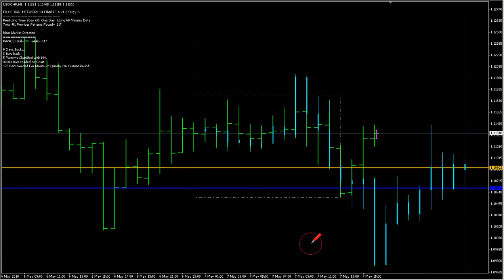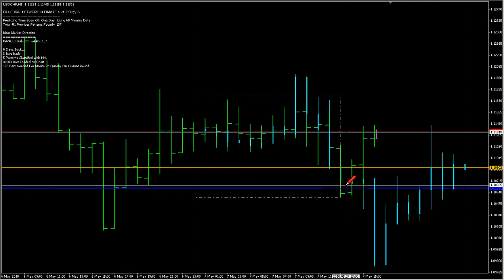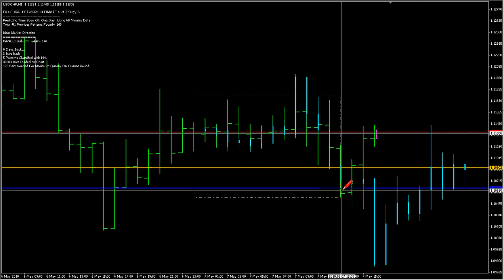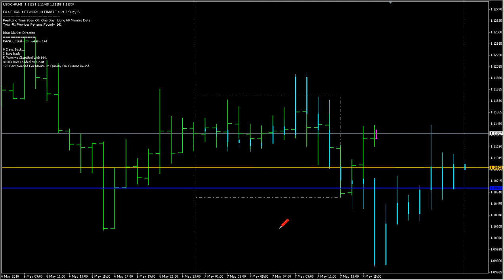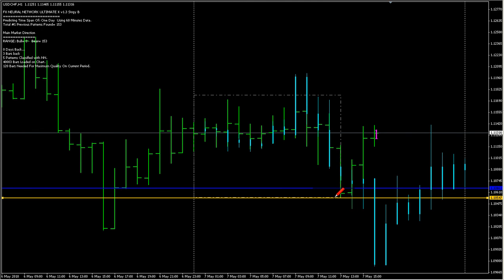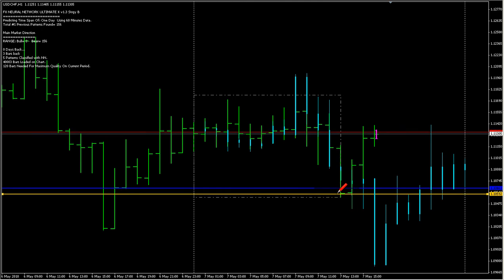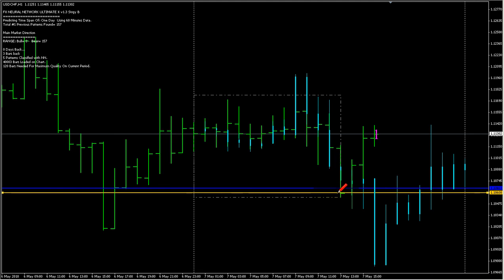Alright guys, I'm back, and I wanted to show you what happened on the trade on the USD Swiss. The projected pattern was to the downside, so we entered a short. The real account trade worked out just fine, and that was the entry and exit on the real account. On the demo trade, which I entered later, we entered at 1066, which is right here, and exited at about 1060.